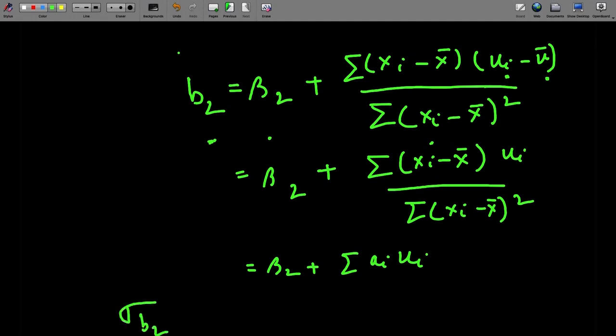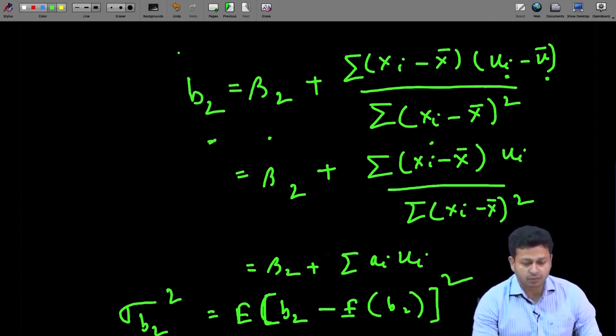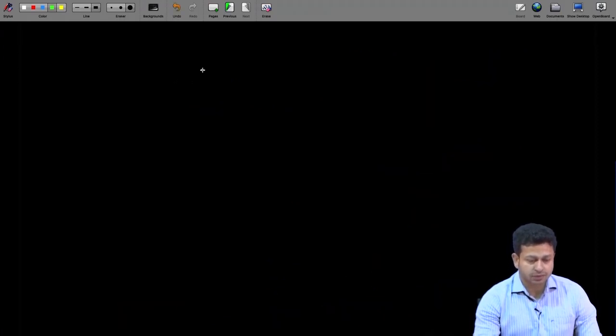And if I use this value of B2 here, and try to get a sigma square value for B2, I will do something like this: expectation of [B2 minus E of B2] whole square. This is going to be the value of my variance, and if I simplify it, I am not going to show the steps again.